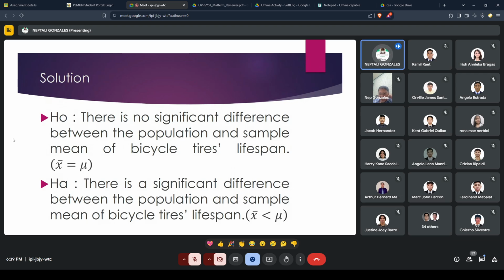So HA, or the alternative hypothesis, there is a significant difference between the population and sample mean of bicycle tires lifespan. So meaning, yung population mean na kiniklaim nila na 5 years, so X bar, or the sample mean, is less than the population mean.